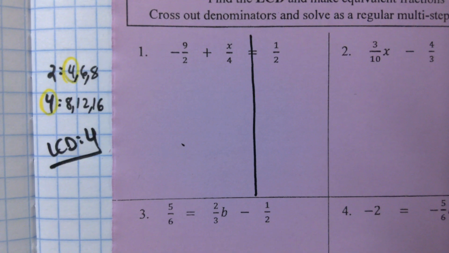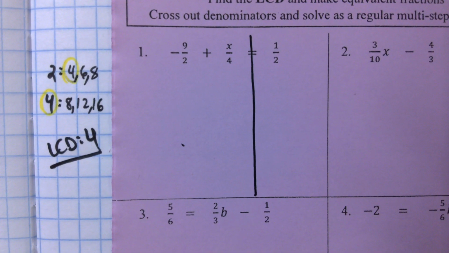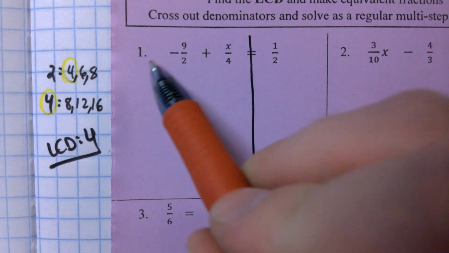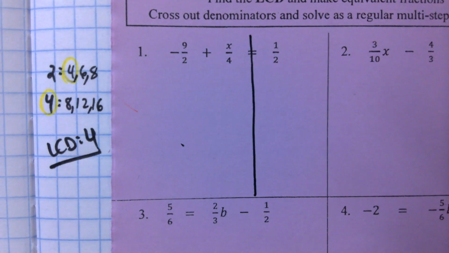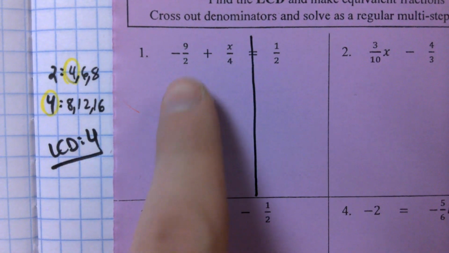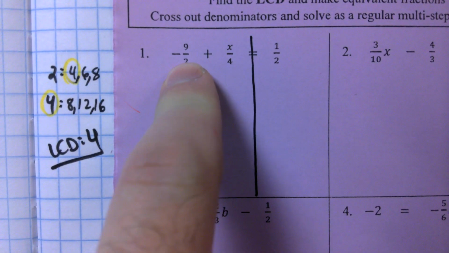Now that I know what my LCD is, I need to make all of these fractions turn into fractions with a denominator of 4. How many total terms do I have here in number 1? 3. This here is a denominator of 2. What can I multiply 2 by that's going to give me a 4 on the bottom? 2.